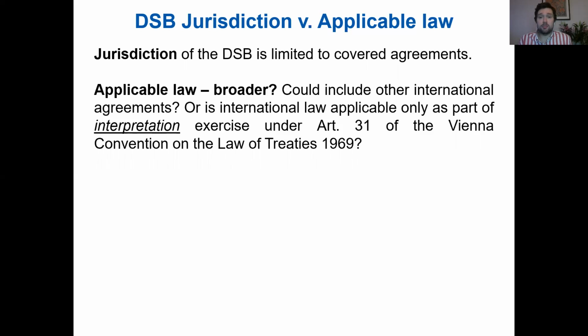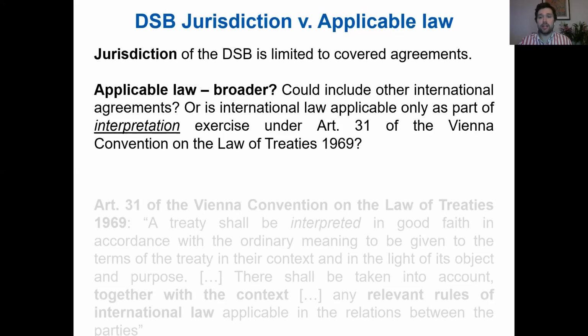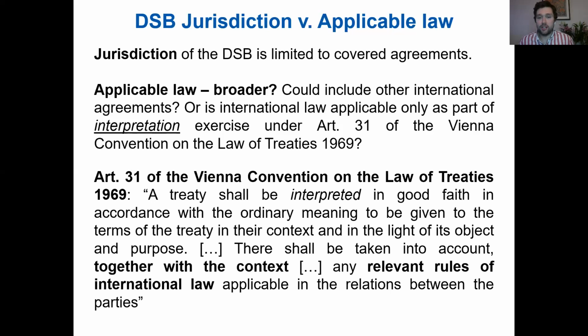Alternatively, we could say that maybe international law is only part of the interpretation exercise under Article 31 of the Vienna Convention. And again, it's for lawyers, it's a legal story, but it is understandable that Article 31 of the Vienna Convention says that a treaty shall be interpreted in good faith in accordance with the ordinary meaning to be given to the terms used in their context and in the light of its object and purpose.